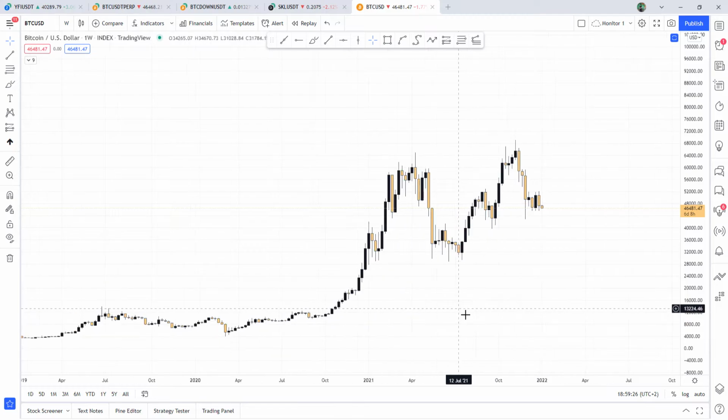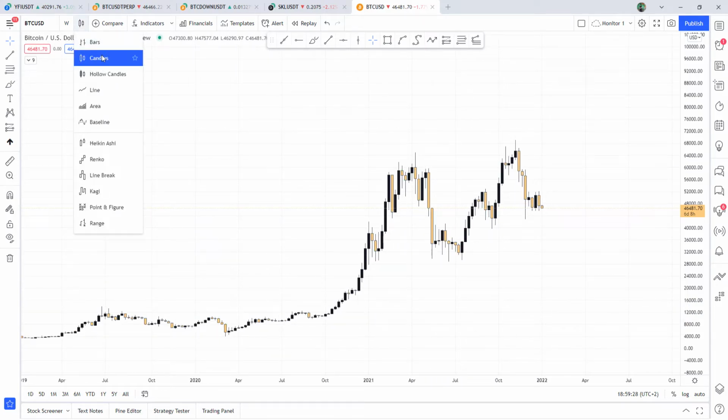It's important also to have the candles and not Heiken Ashi or any other bars. Okay, so it's important to have the candles. Why? Because we are using the wicks. These wicks actually are very important.